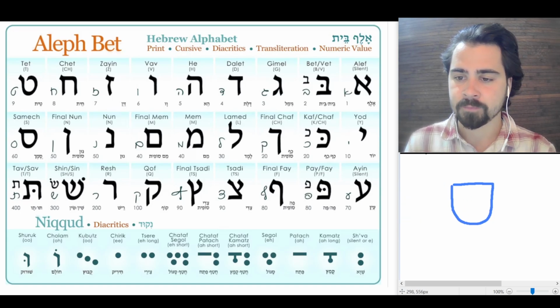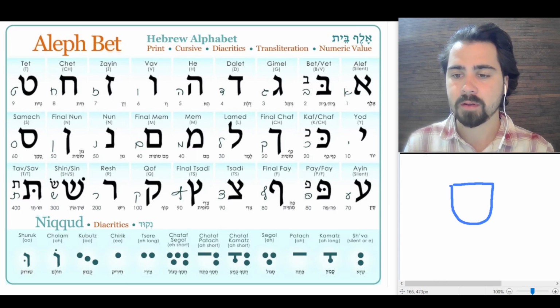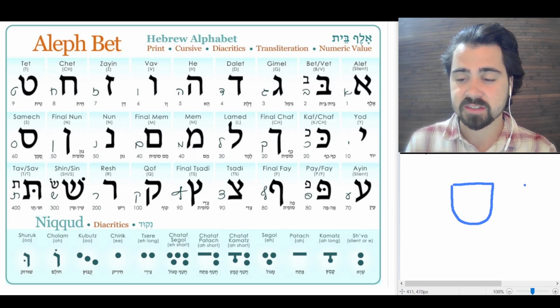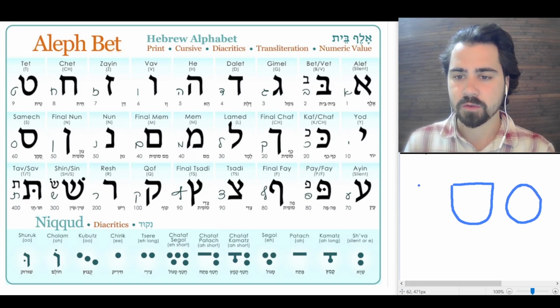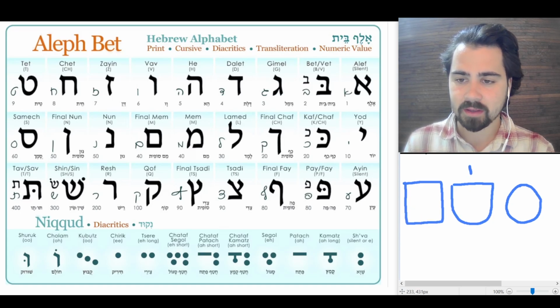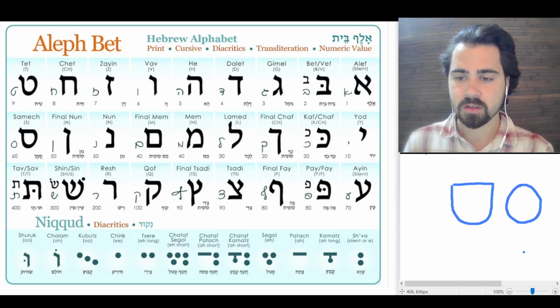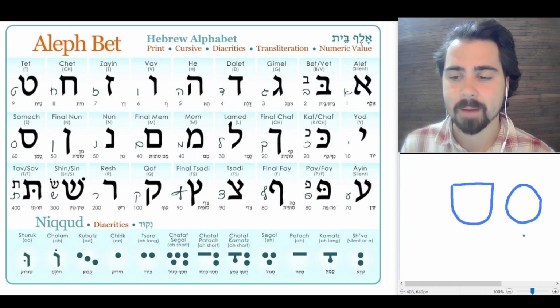So kind of round at the bottom, but the top line is straight. And in the cursive version, it is simply a circle. So the way to distinguish between that and final mem, which is a box, is that samech, in both cases, is either more rounded or completely a circle. So we have no final, just a normal samech.